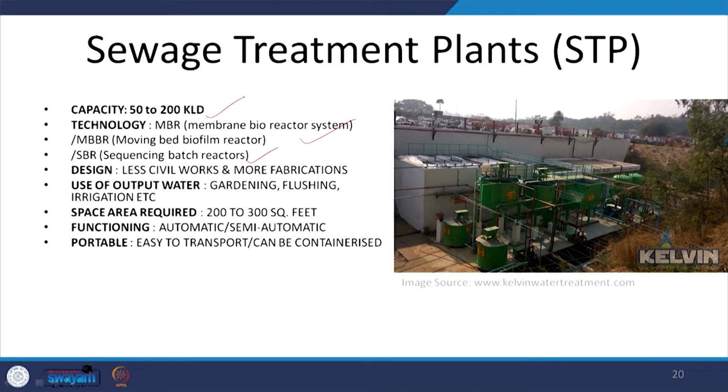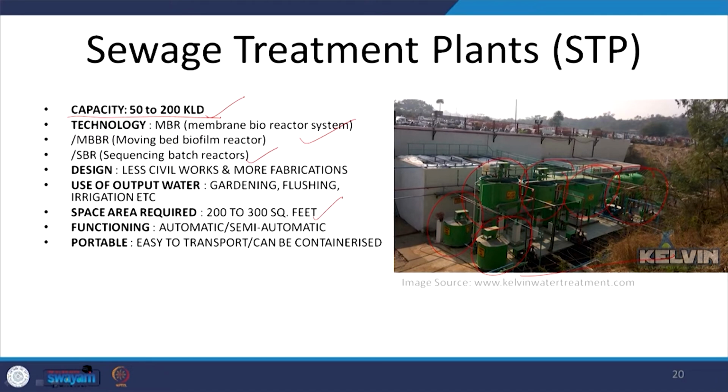Here again, not much civil work is required, but as you can see, all these prototypes, all these smaller parts which are fabricated by companies elsewhere, they just have to be brought together and assembled. It just requires space, which is also not much compared to the volume of sewage which is going to be treated on site.